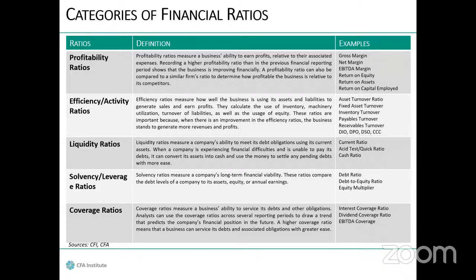In the case of inventory, we are looking at how many times you are converting your inventory to sales. How fast are you turning over your inventory? The reason why we don't say inventory divided by revenue is that inventory is measured at cost on the balance sheet.